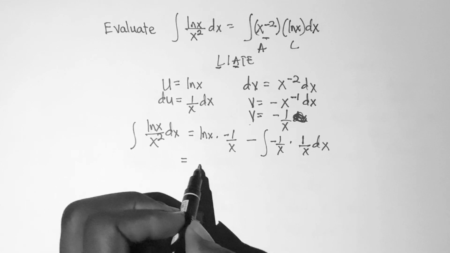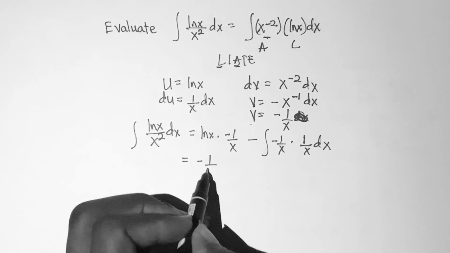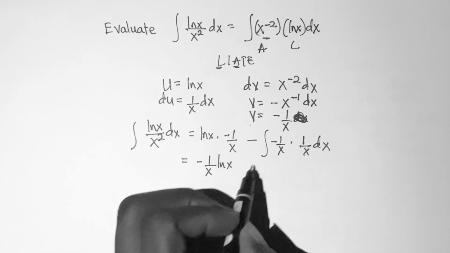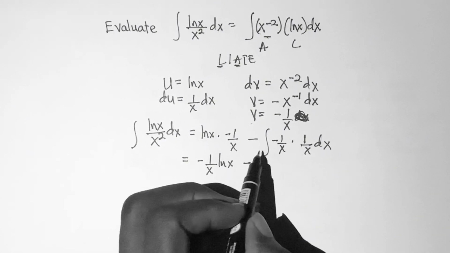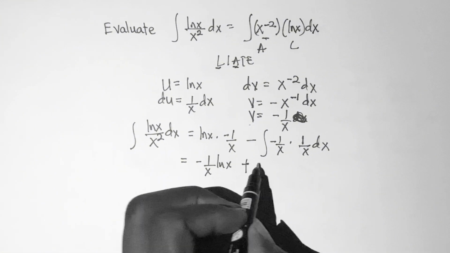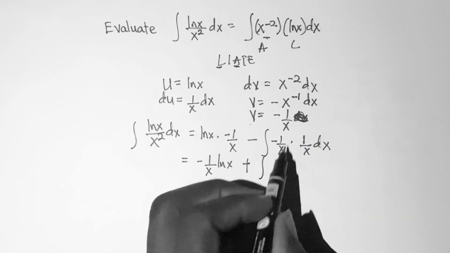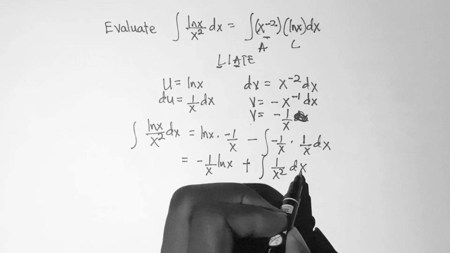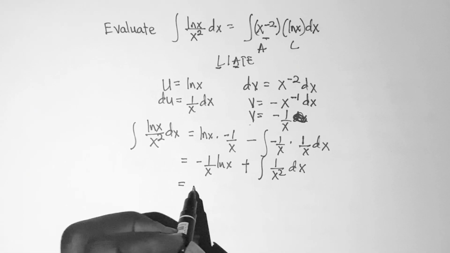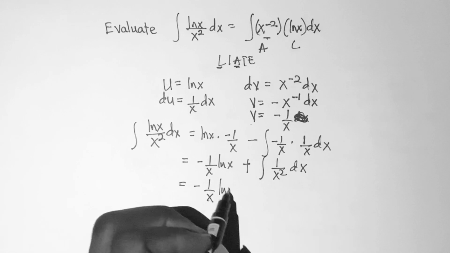So this is equal to minus 1 over x natural log of x, then minus, however, this minus 1 here is minus 1, so it becomes plus. The integral of 1 over x times 1 over x is 1 over x squared dx. So this is equal to minus 1 over x natural log of x.